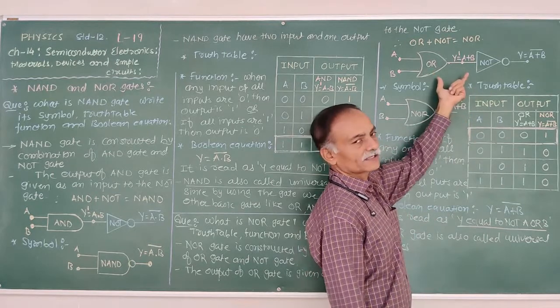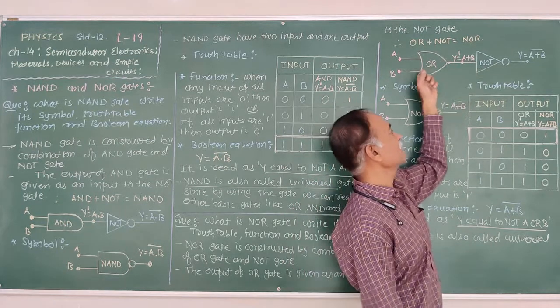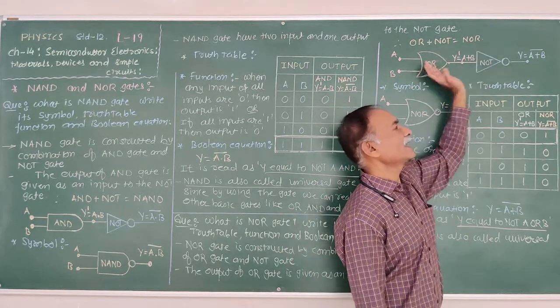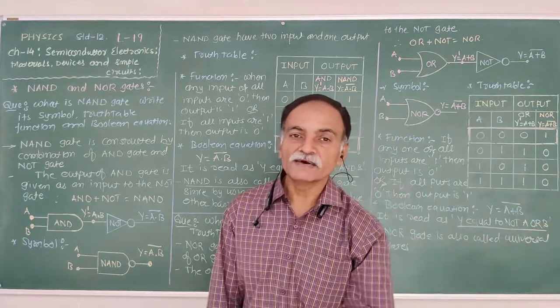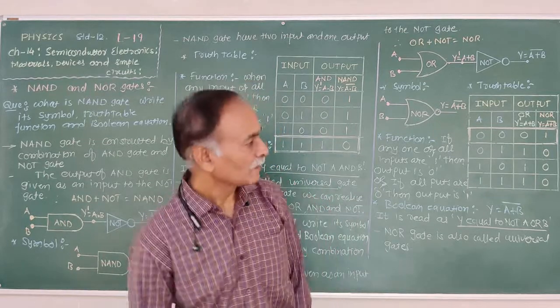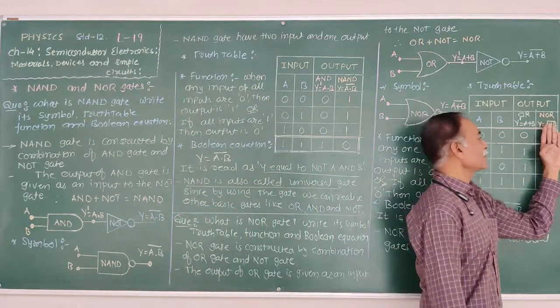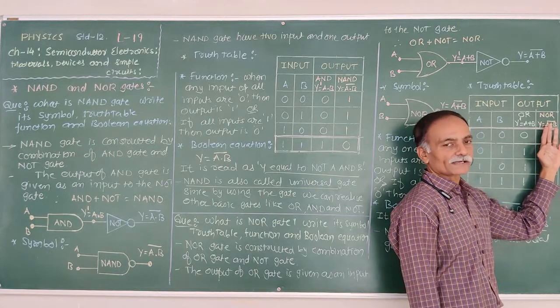To prepare the truth table, we divide it in two parts. First, we prepare the truth table for the OR gate, and then that is given to the NOT gate, so the inverted output is obtained. That is the output of the NOR gate. The first three columns of this table represent the truth table for the OR gate.